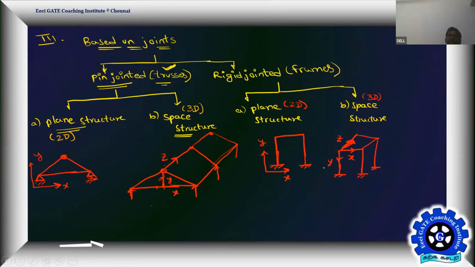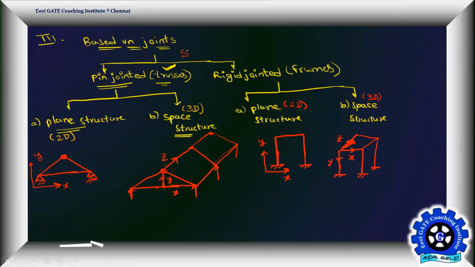This is based on the structure. Once again, what structures are all these? Have I shown any dimensions of the members, or is everything like a line element? Every structure you take, do you find any thickness, width, depth, or only length is visible for every element?